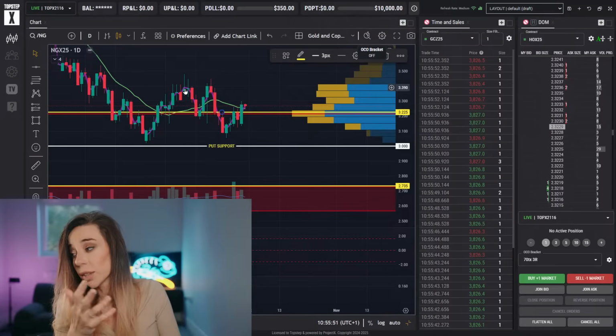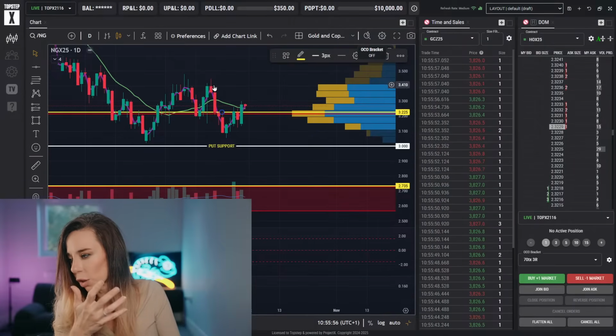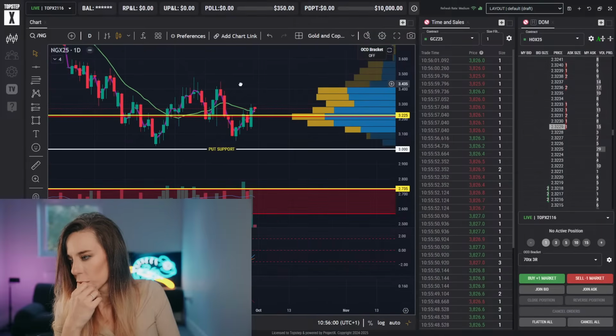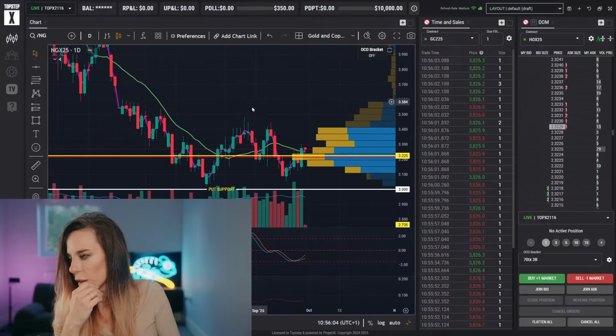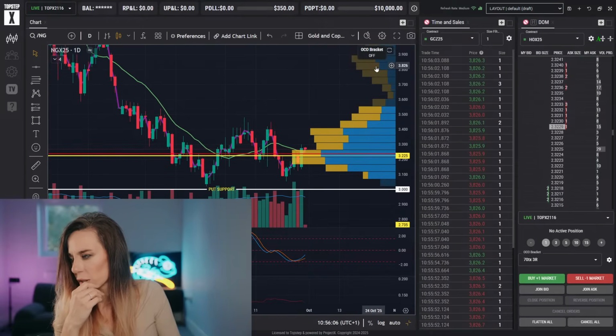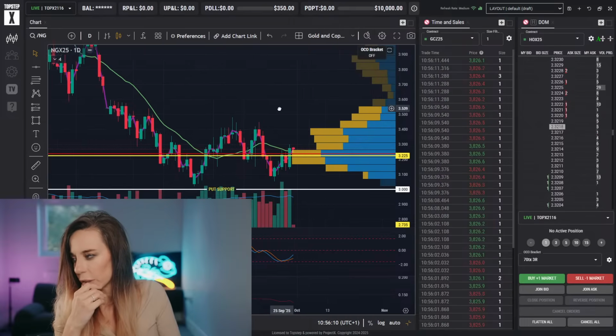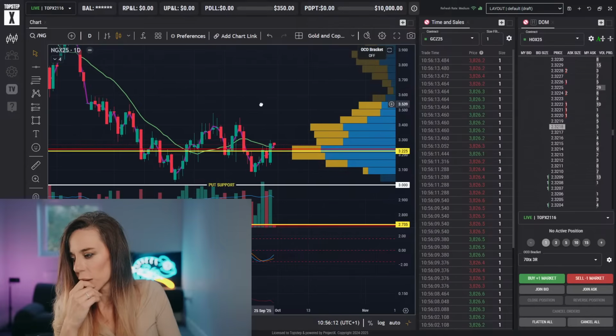And at the moment, we still have this pesky range here at 340 on this new contract. But yeah, once we clear that, there is a bit of space, even on the volume profile, at least up to 370. So that could be interesting.